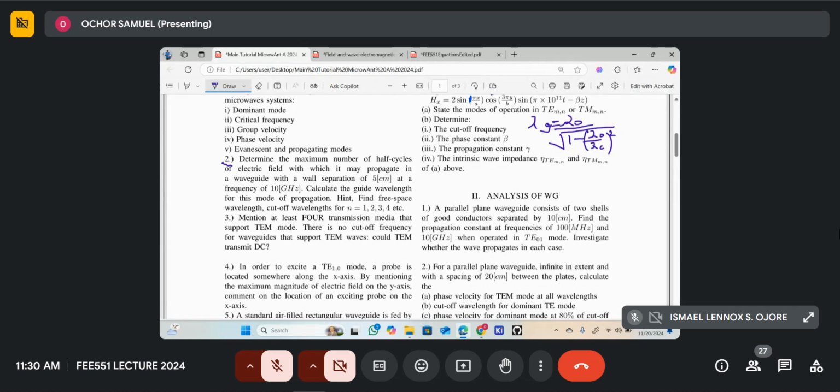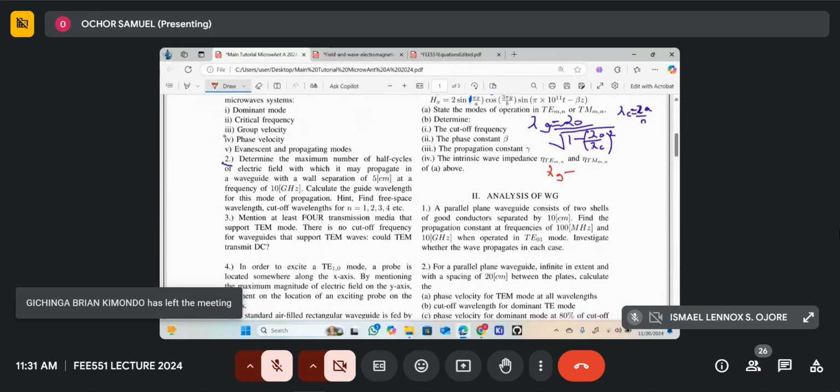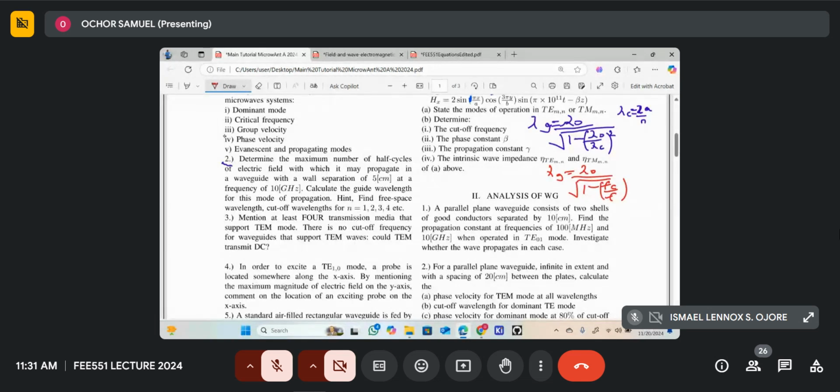And cutoff wavelength is 2a over n for this question. Is this expression the same as this one? Yes.